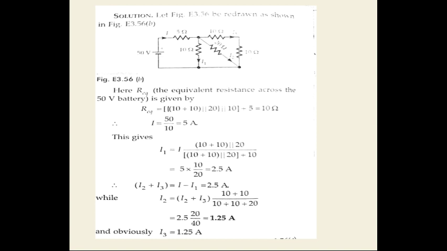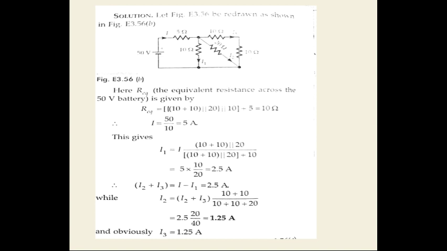First we find the current delivered by the source. RTH across the source terminal is equal to the parallel of 3 branches, that is 10 ohm, 10 ohm and 20 ohm, plus 5 ohm. So we find R equivalent is equal to 10 ohm.